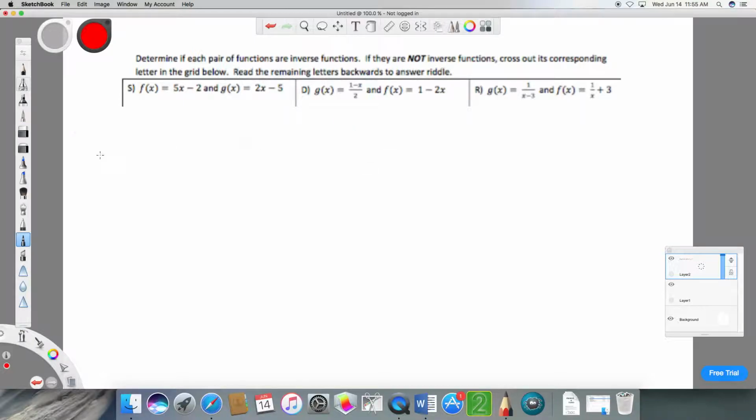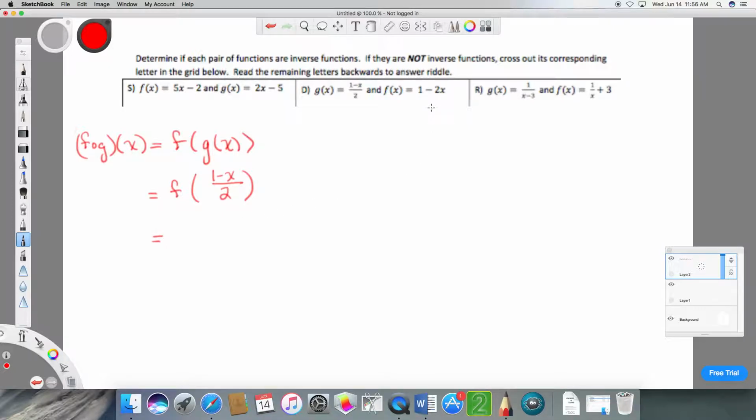Let's find f composed with g, where we're taking g of x as the input for f. G is this ratio, 1 minus x divided by 2.